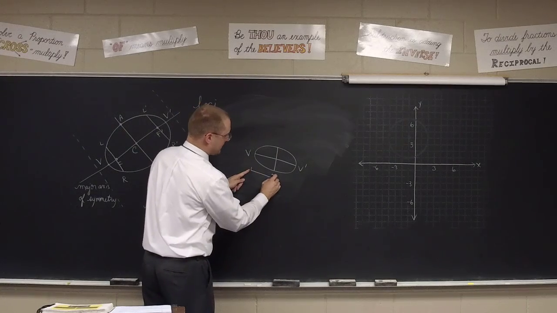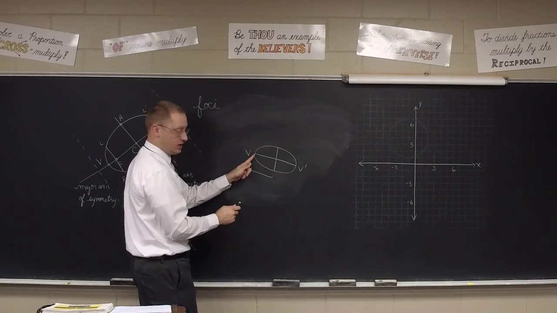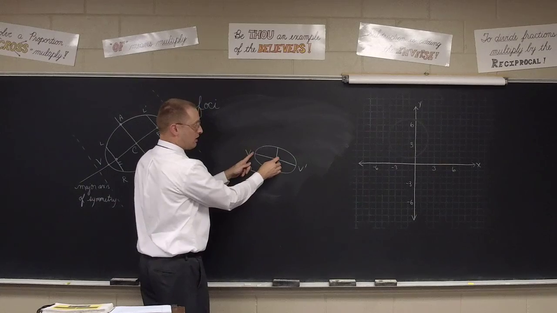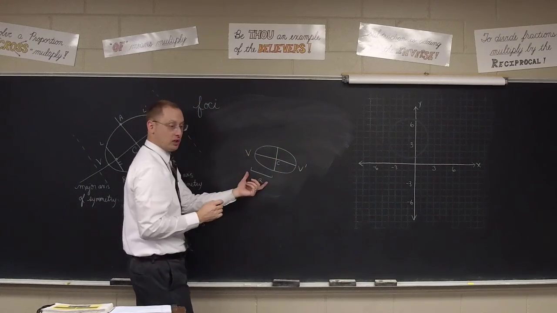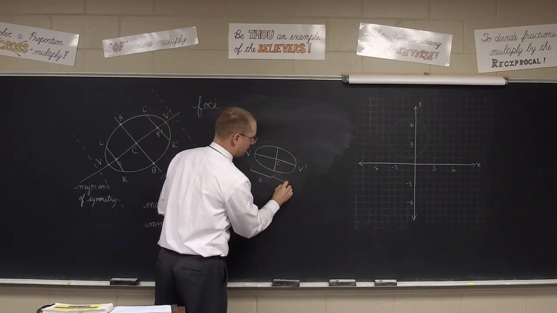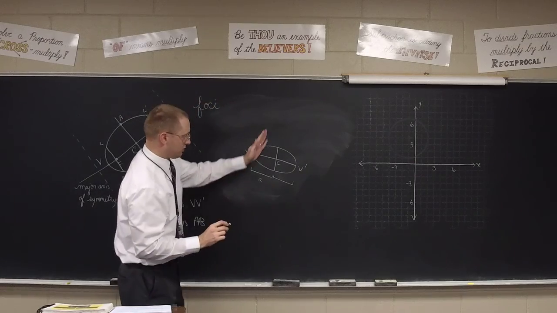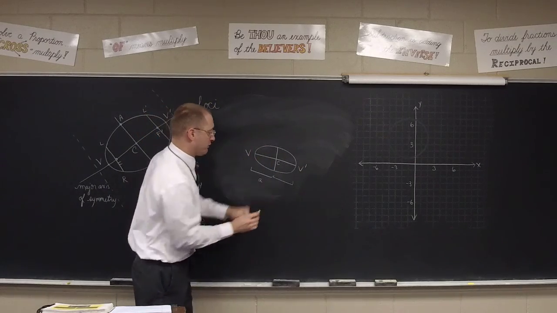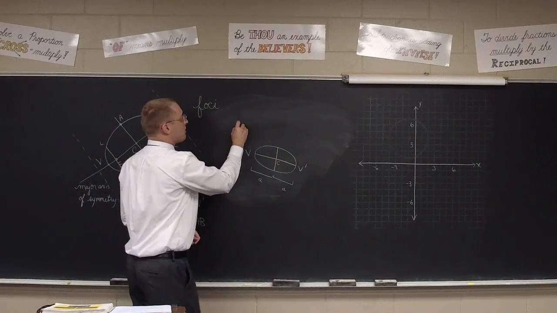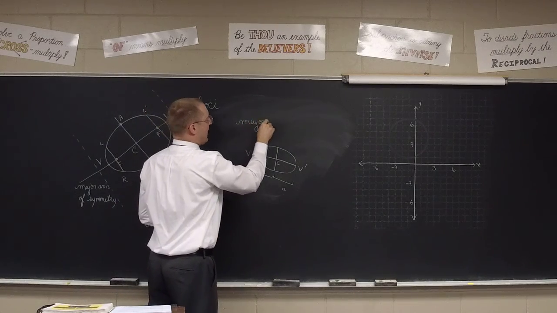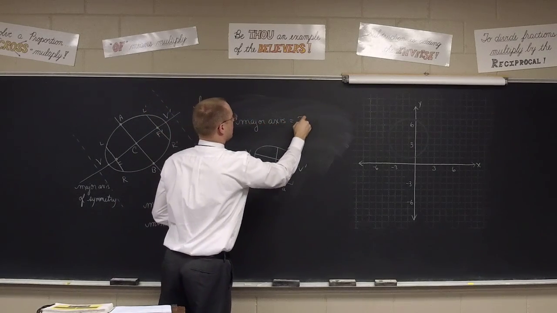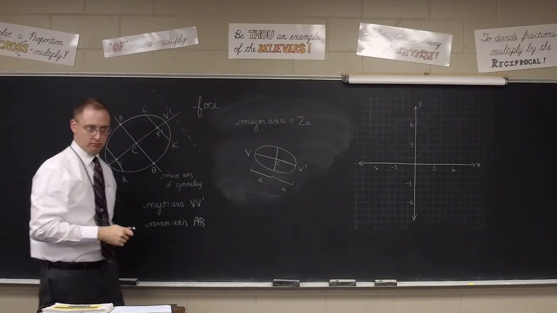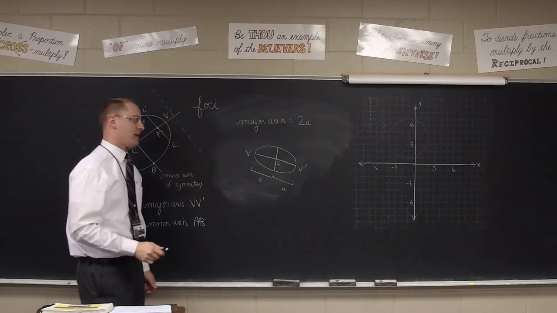If we were to look at this length from one vertex to the center point, vertex to center could be represented by the little letter A. Well, obviously, since it's perfectly symmetric, C to the other vertex is also A. So we would say that the length of the major axis is 2A. So I will algebraically represent that.